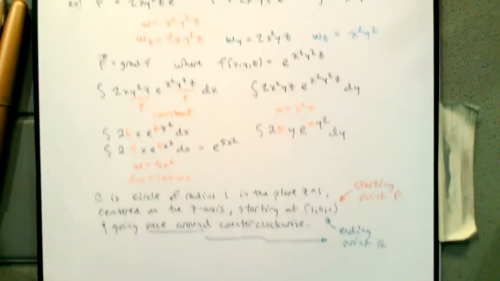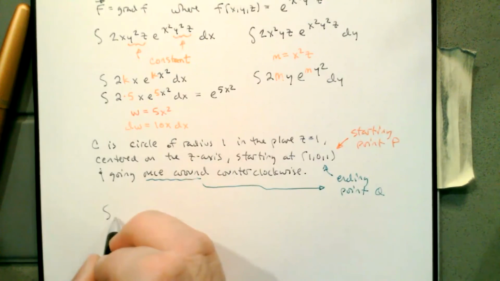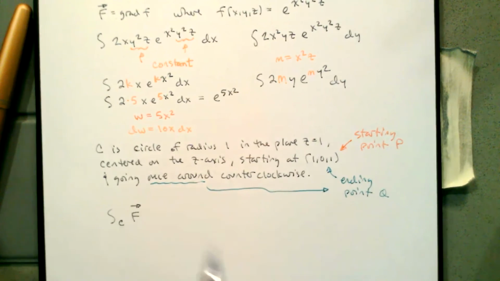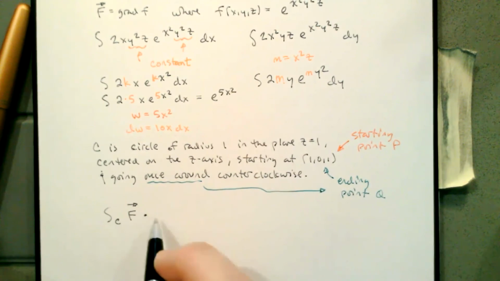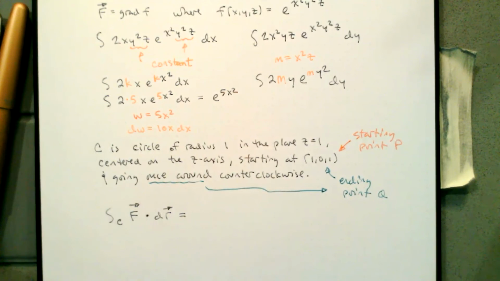So what is the line integral along this curve of this gradient function dot dr? Starting at P, P is 1, 0, 1. We're starting at 1, 0, 1. We're going around the circle and ending at 1, 0, 1. F is a gradient field.